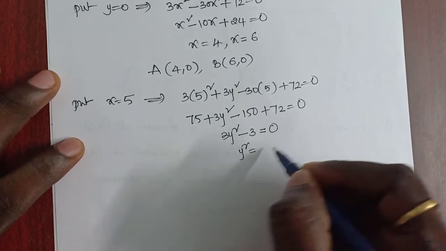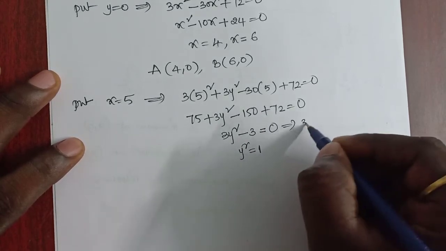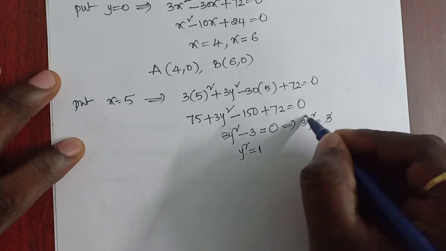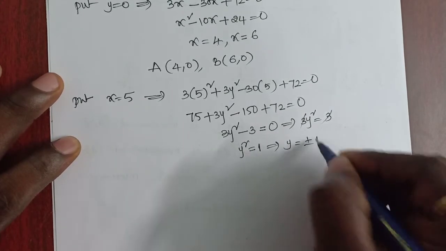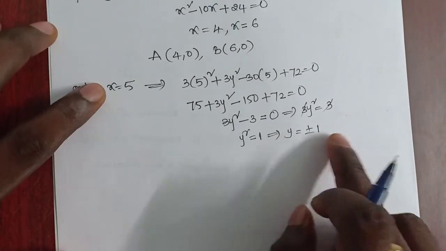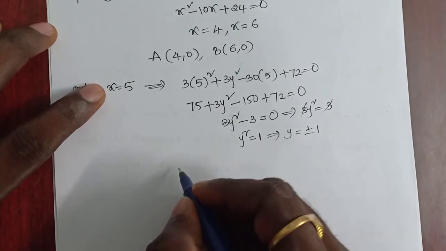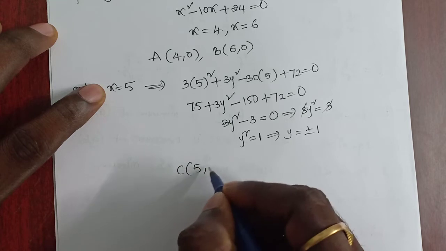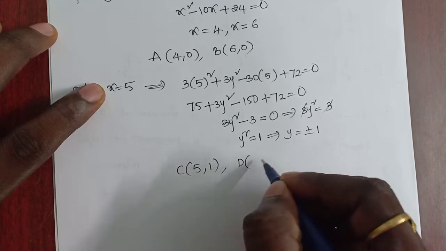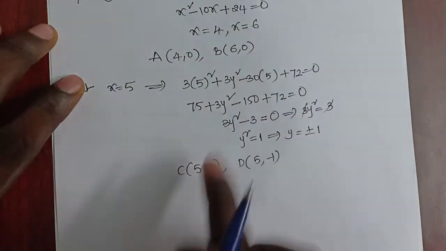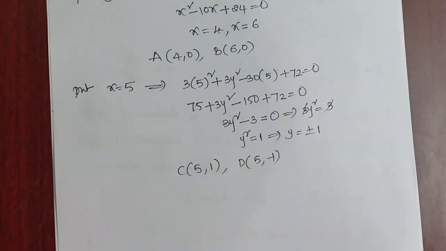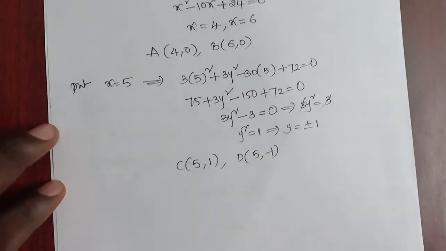So y square equal to 1, because 3y square equal to 3, 3 gets cancelled, so y equal to plus or minus 1. For x equal to 5, we have two values for y, that is C 5 comma 1, D 5 comma minus 1. So we have 4 points to be checked for maxima and minima.